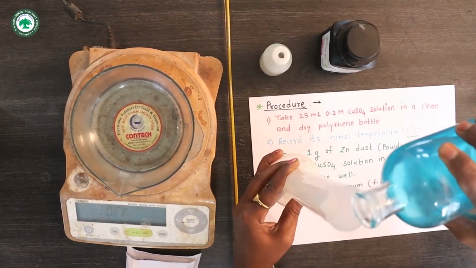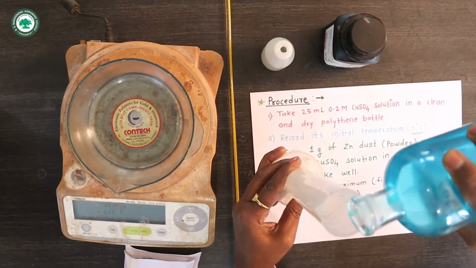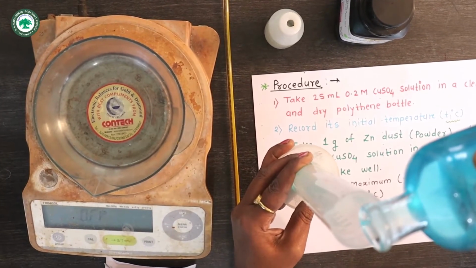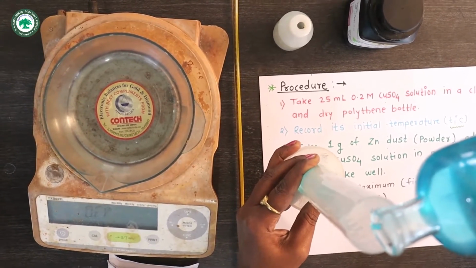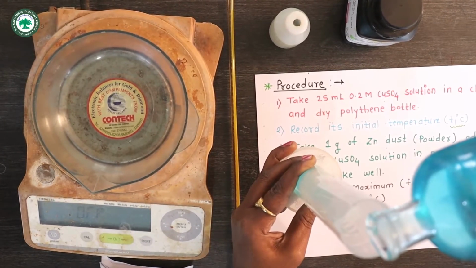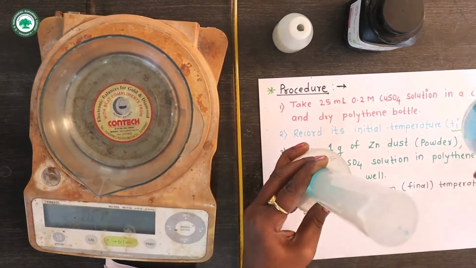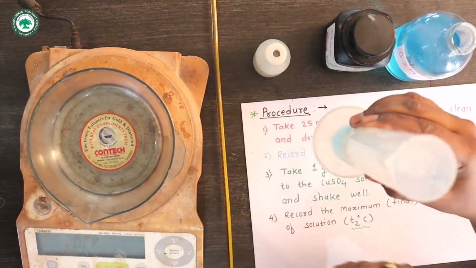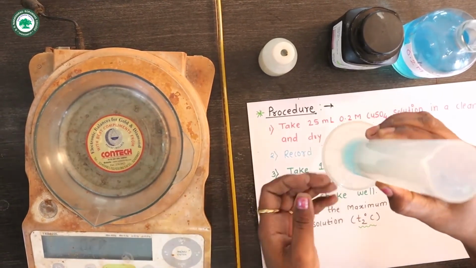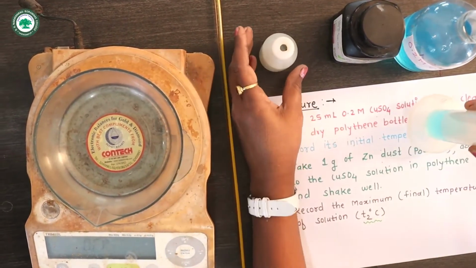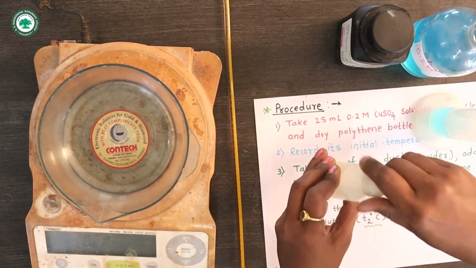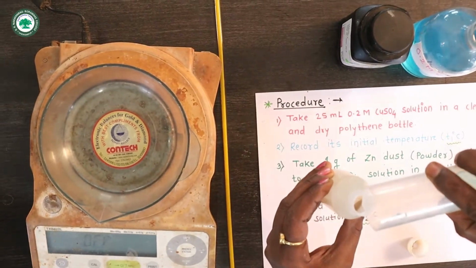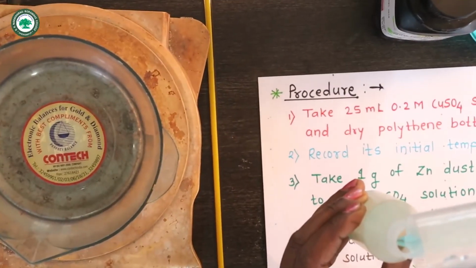Let us see how to measure that solution. We have to measure exactly 25 ml, because this is a displacement reaction, so measurement is important. So 25 ml copper sulfate is taken. Now we transfer this copper sulfate solution into the clean and dry polythene bottle.